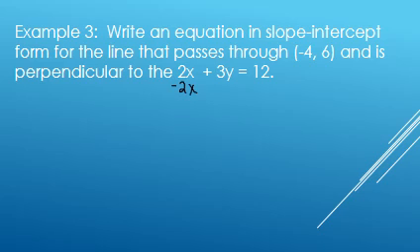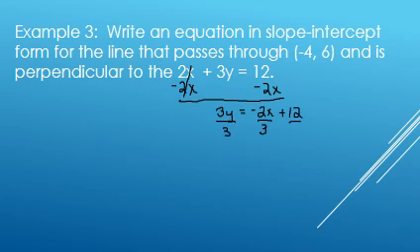So that means I need to get the y by itself. So I'm subtracting 2x on both sides. That gives me 3y equals -2x plus 12. Divide everything by 3. So our equation here is y equals -2/3 x plus 4.